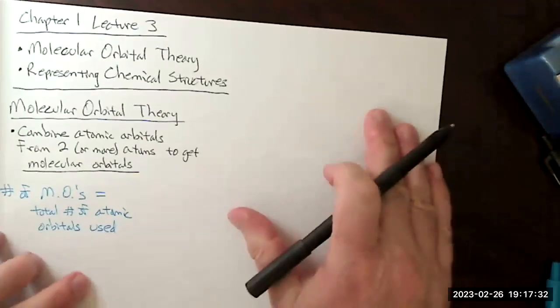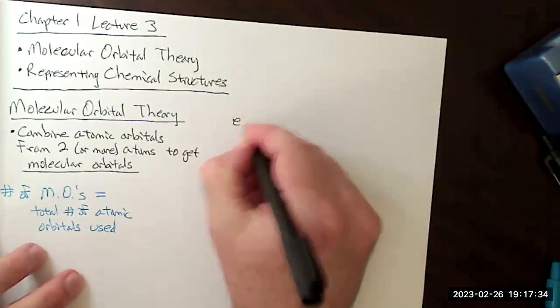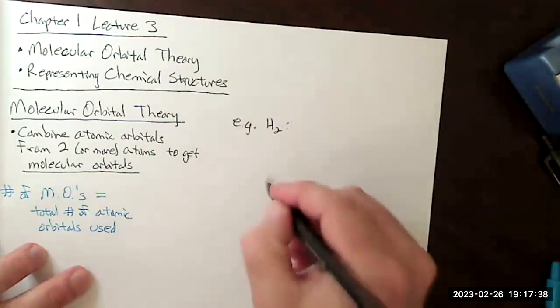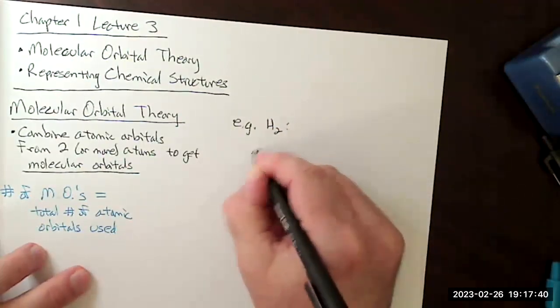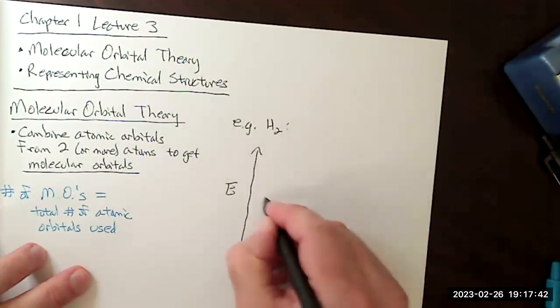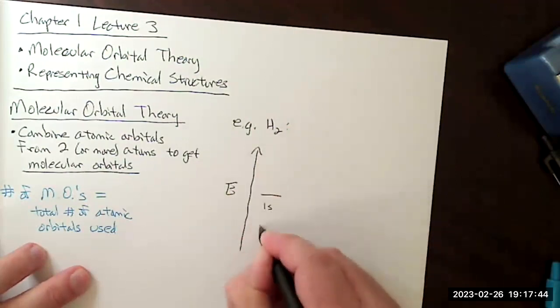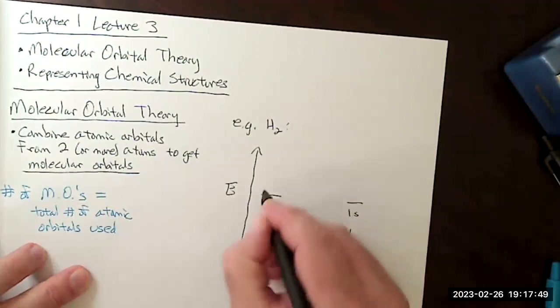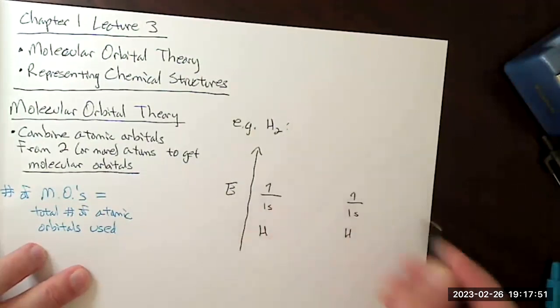So we could do this for hydrogen. And we can look at our energy here, and we can have a 1s orbital from one hydrogen, another 1s orbital from the other hydrogen. Each has an electron.